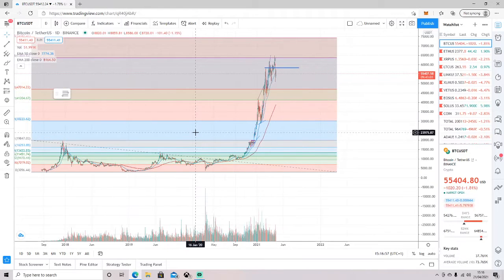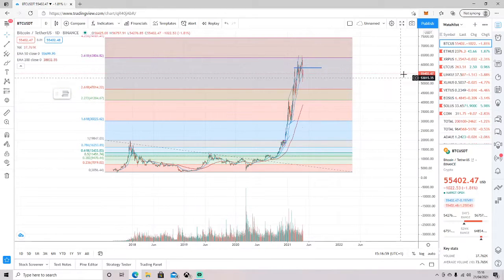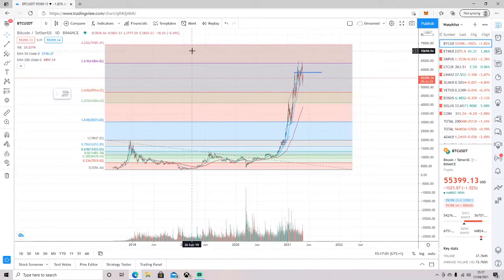So first of all, this rainbow coloured thing in the background is called a Fibonacci retracement. Essentially, it is percentage retracement levels from the all-time high to the previous low. So you've taken it from the previous all-time high in December 2017.